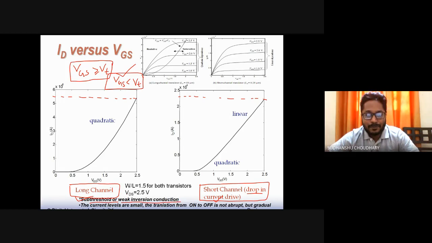Because of this, when the channel is not completely formed, there can still be conduction between drain and source. But of course, the current levels will be small. You will not obtain high current levels unless the channel is completely inverted or created.